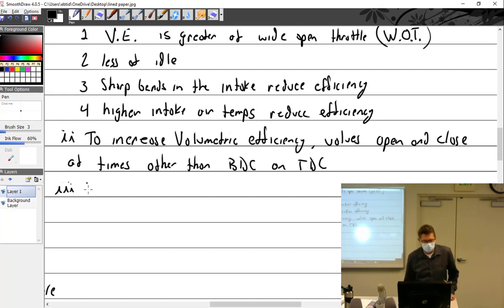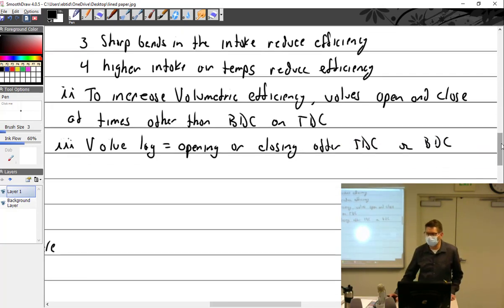So a couple of terms. Valve lag equals opening or closing after TDC or BDC. So like if I said the exhaust valve has got a 2 degree lag on closing, that would mean that it's going to close 2 degrees after when it should have.